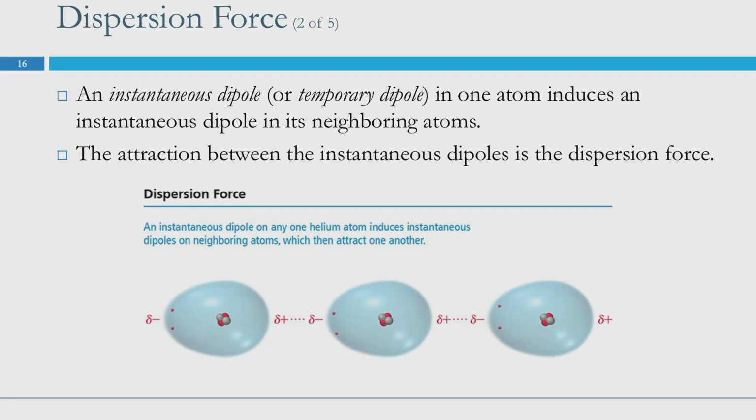And here's what it might look like between a bunch of helium atoms. So let's say this first one on the left, this atom, both the electrons are on the left side. And then it just happened to be very close to a neighboring helium atom. That positive charge then induces, or pulls over, the electrons. And that can set off a chain reaction.